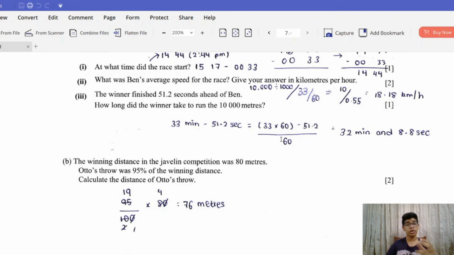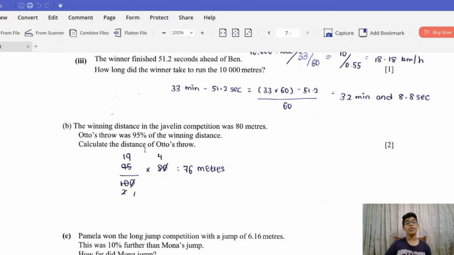Now I have not shown you the amount of seconds that is. So basically you do this in your calculator, subtract 51.2 and divide the answer you get by 60, and you get that the answer is 32 minutes and 8.8 seconds. You'll get some fraction left over. Yeah, you're going to have to convert that on your own. This is basically 32 minutes and 8.8 seconds.